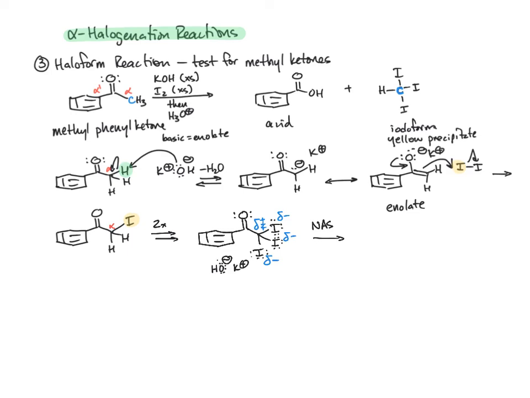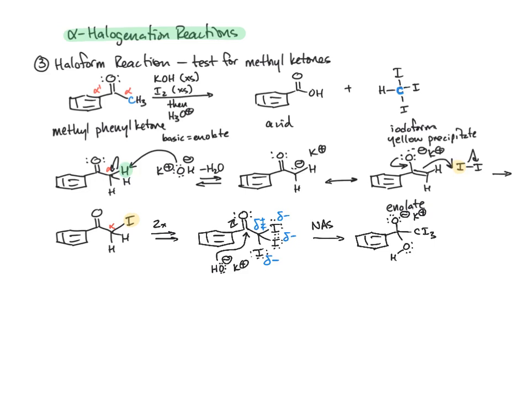We have a nucleophile adding to the carbonyl. We generate a tetrahedral intermediate. Again, it's always good to keep track of your lone pairs of electrons, your formal charges. Just going to abbreviate that CI3. So that's the nucleophilic addition.